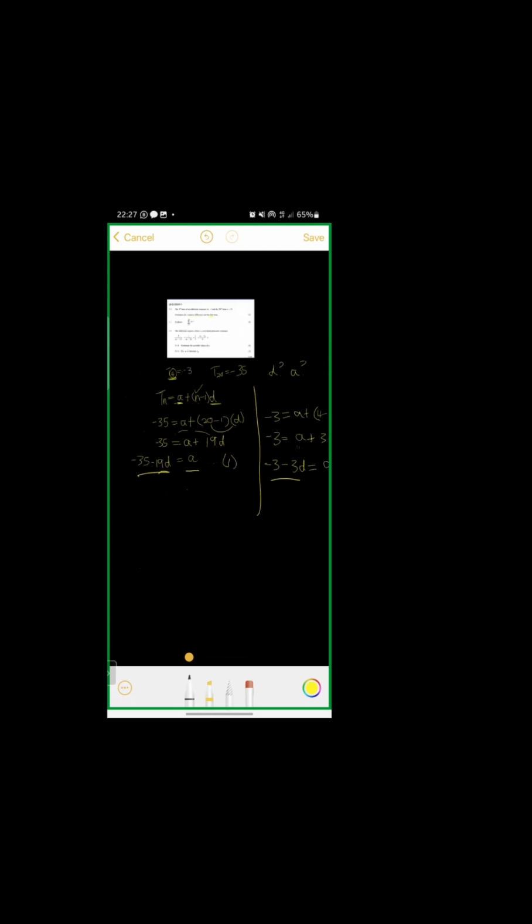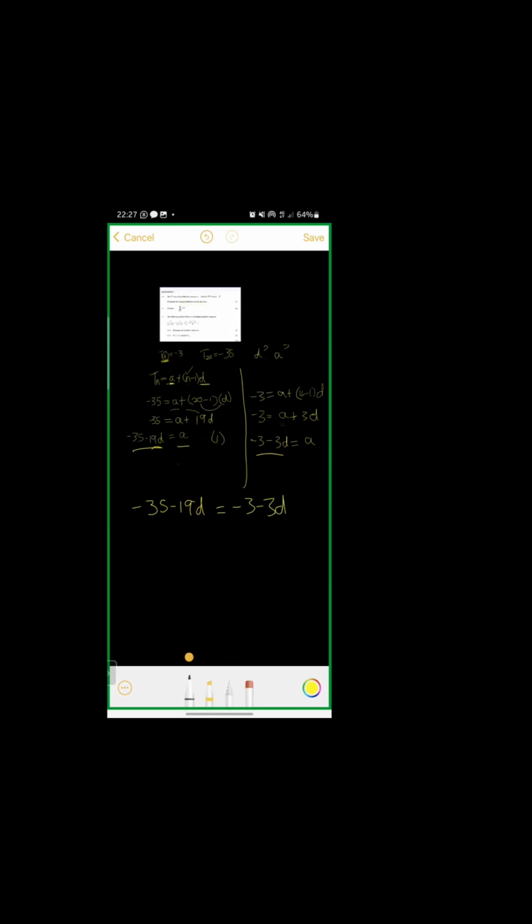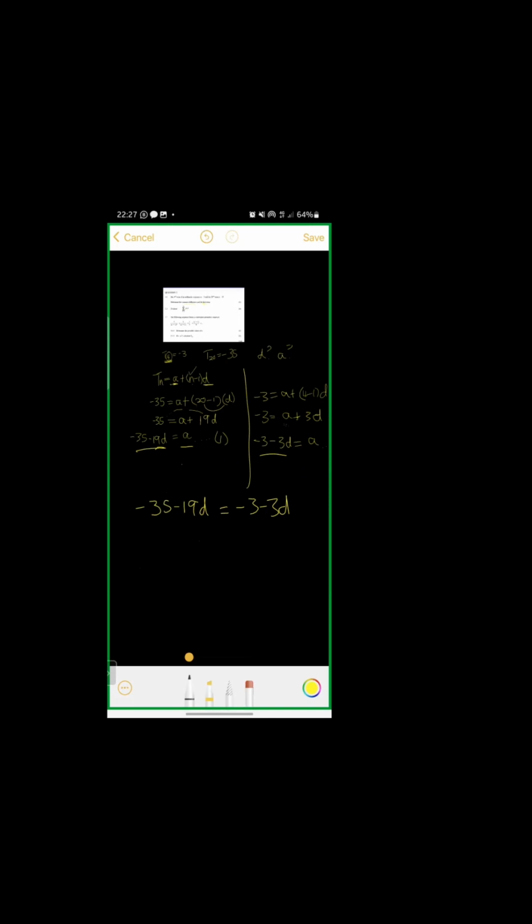So we have negative 35 minus 19D equals negative 3 minus 3D. Do you think it's necessary, before equating them, to write equation 1 equals equation 2?